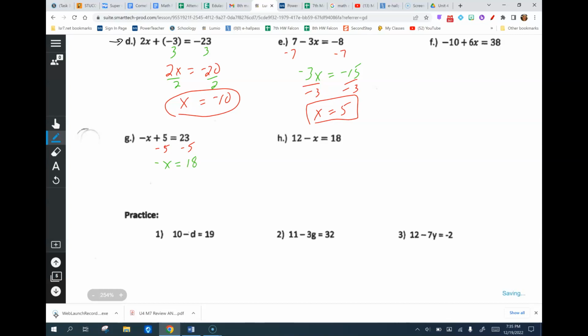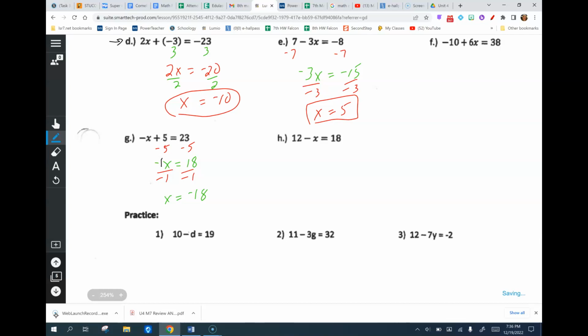Now I have a negative x equals 18. There's two ways I can approach this. One way is I can go, hey, wait a second, what's the number here? Well, that's a 1. So I have negative 1x. Negative 1 is connected by multiplication. So how do I get rid of it? That's right, I divide through by a negative 1. And mathematically, that's the best way to look at it. So I get x is equal to negative 18.